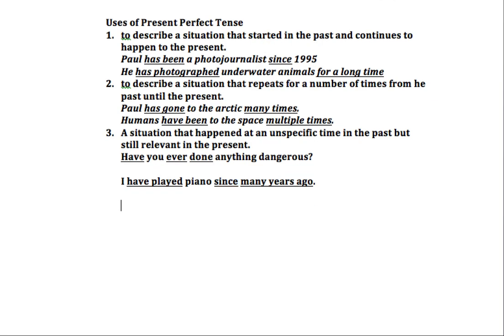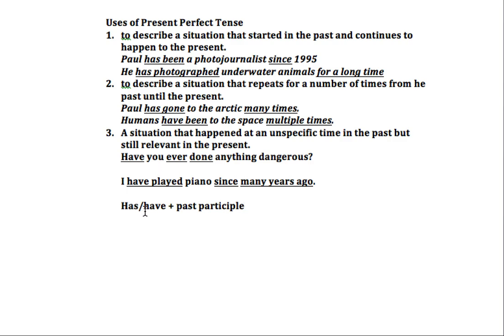So what about the form of present perfect tense? When we have present perfect tense, we need to have has or have plus past participle. So what is past participle? So here we have has, and Paul has been.